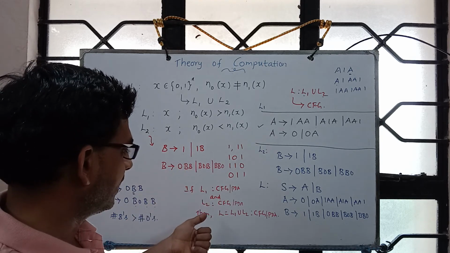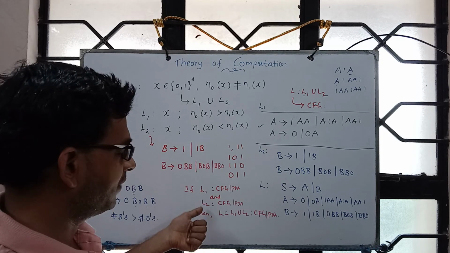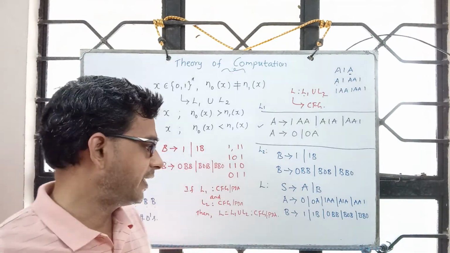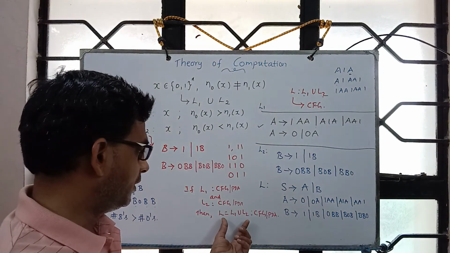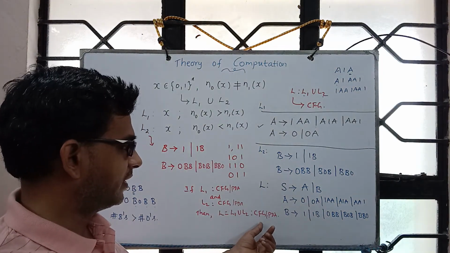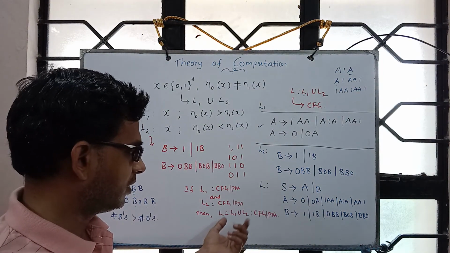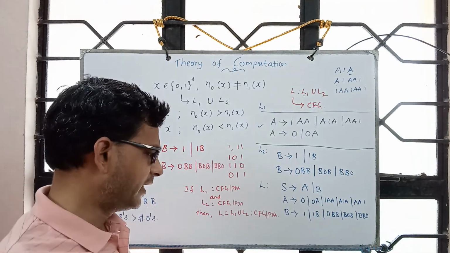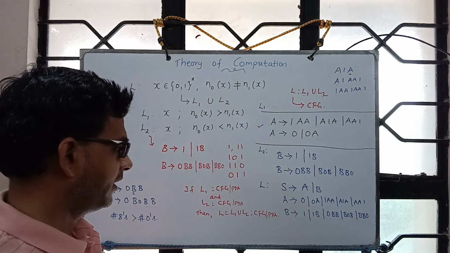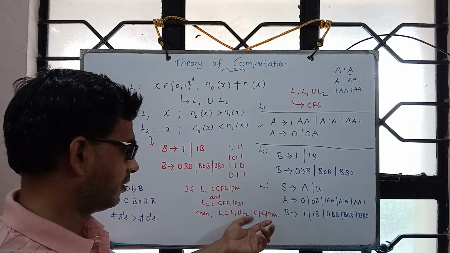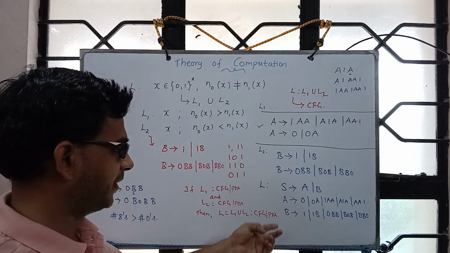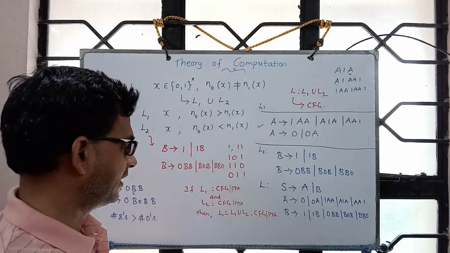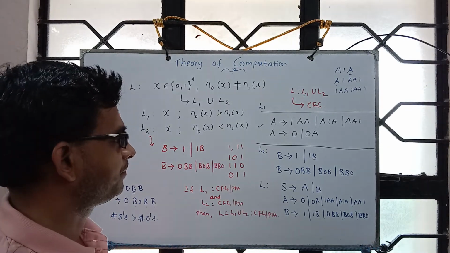Closed in the sense that you choose two languages which are context free, or for which a PDA exists, then the union also has a CFG, a context free grammar, or also a pushdown automaton. Equivalently, if you find a CFG, you can find a PDA. If you find a PDA, you can find a CFG. Those constructions we formally see, but they are all equivalent.